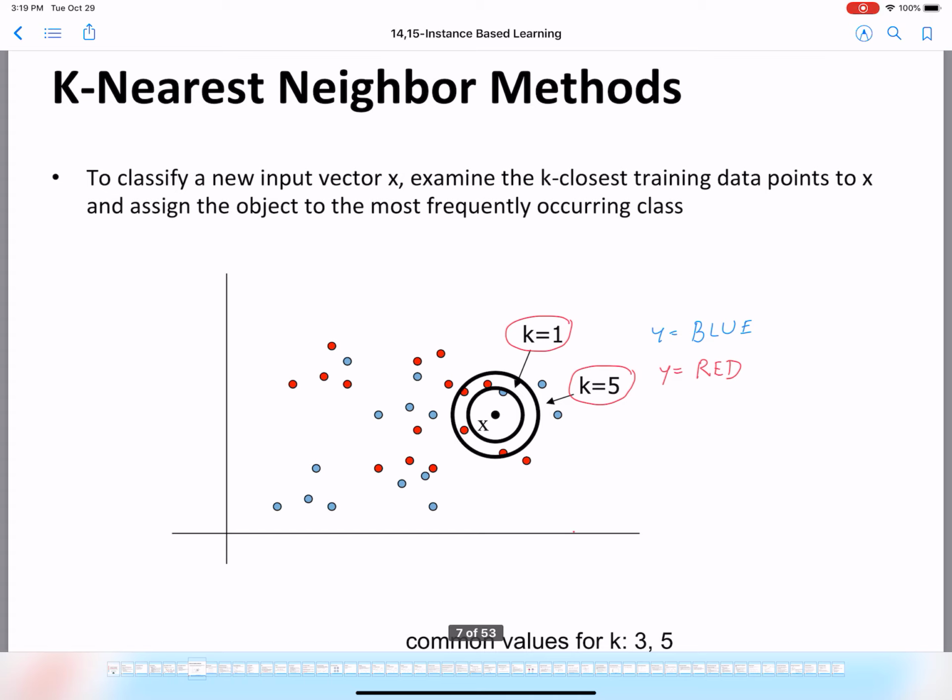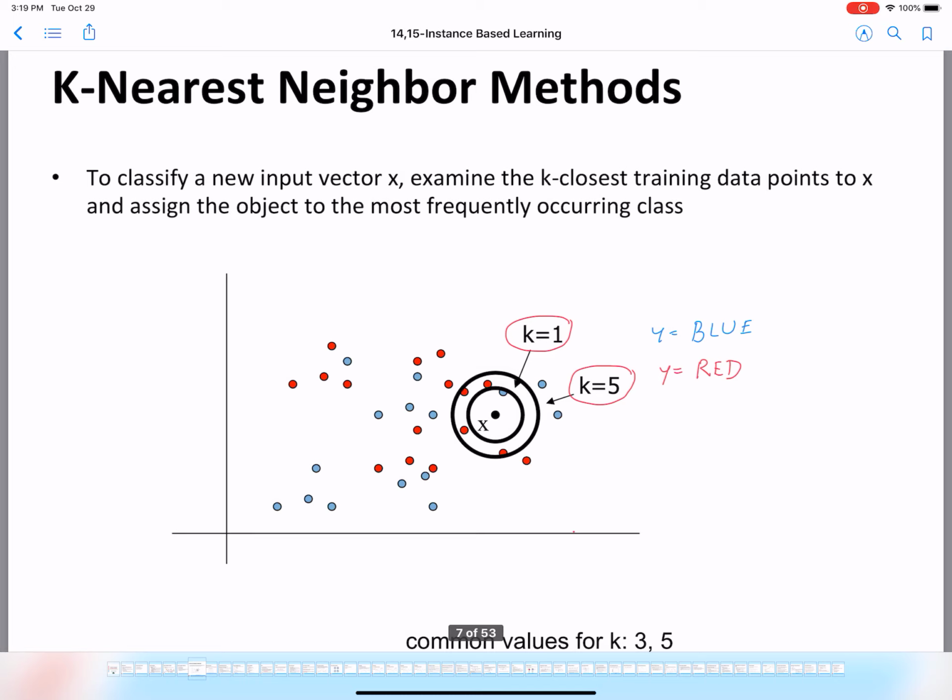Common values that we use for k are 3, 5, some manageable number, because we don't want to go through all the training examples to determine the classification. That won't be accurate either, because you have all examples in the space, and then we'll only classify every data point to be the one which has the highest number in the data set.